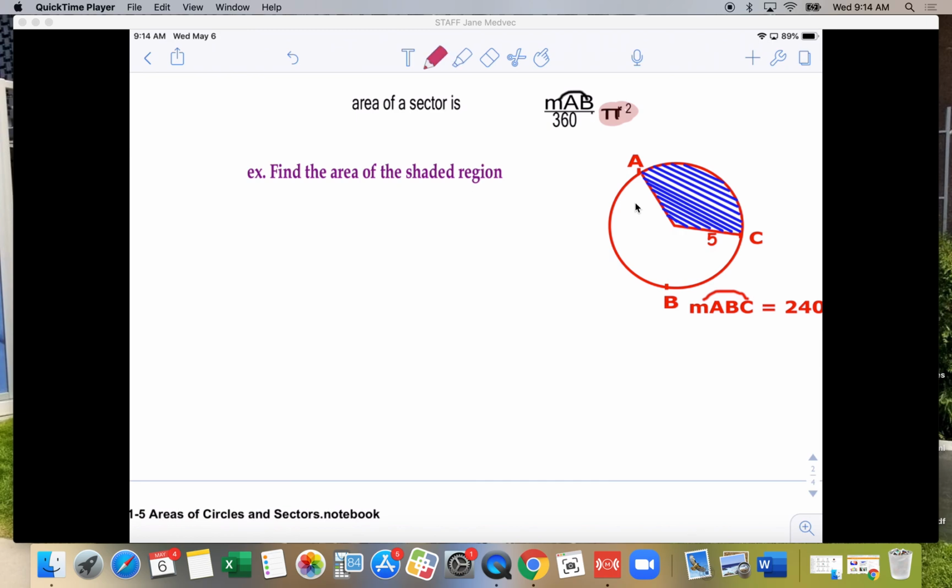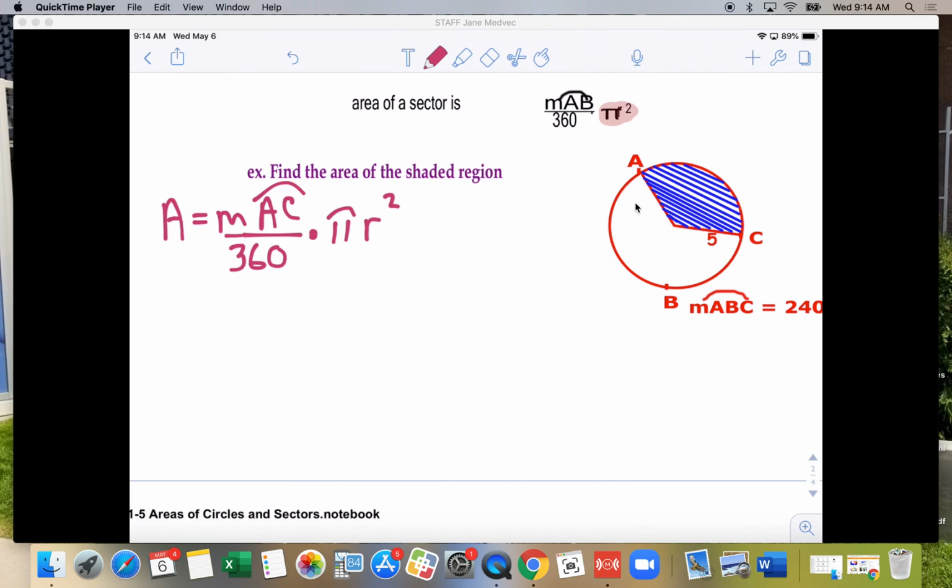So I'm going to go ahead and grab the area equals the measure of arc, and it's AC, because that's what's shaded there, over 360 times pi r squared. If you start with the formula, it does make it easier, okay?